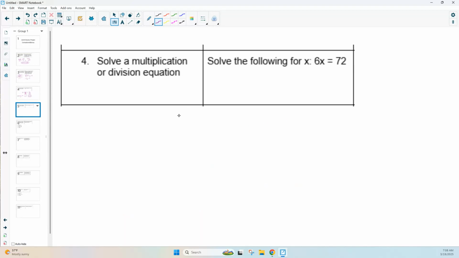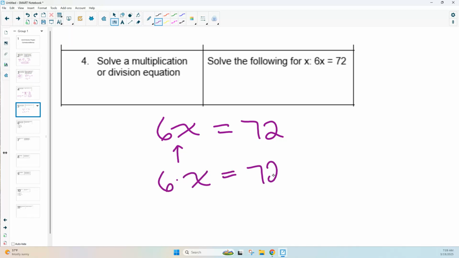Solve a multiplication or division equation. We have 6x equals 72. First, I need to ask myself, what operation is happening there? When we have a number and a variable together with no sign, that means we are, that is correct, multiplying. 6 times x equals 72. We need to undo the multiplication with, you guessed it, division.